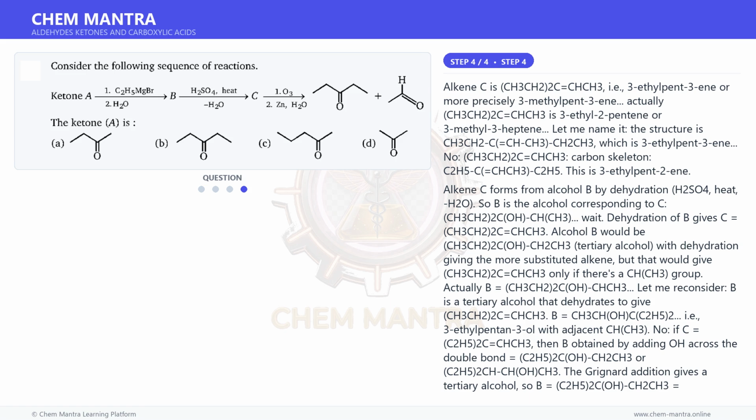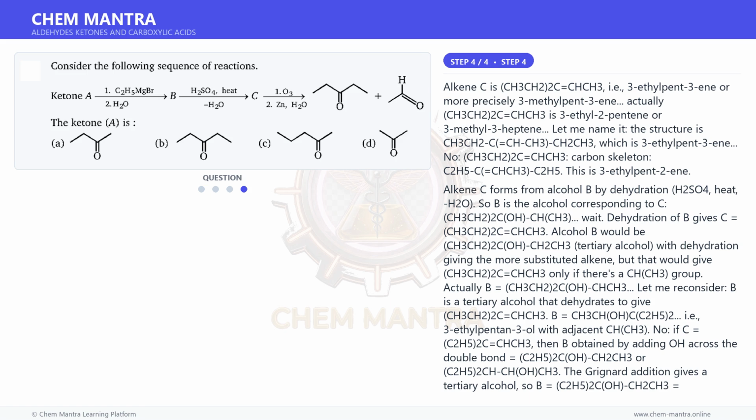So B is (CH3CH2)3COH. Ketone A is formed when C2H5MgBr adds to A to give (C2H5)3COH. The ketone must be (C2H5)2C=O, pentan-3-one, diethyl ketone, CH3CH2COCH2CH3.